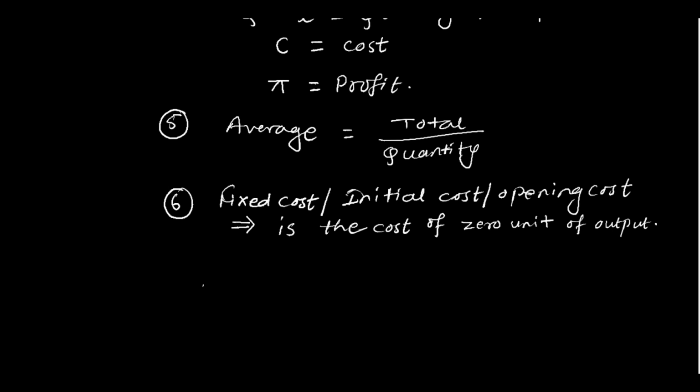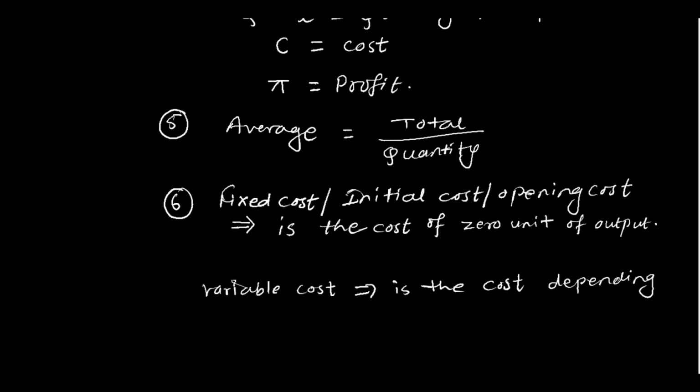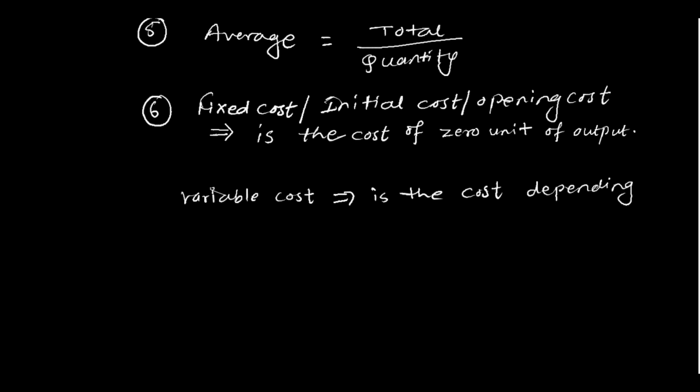Similarly, there is variable cost. The variable cost is the cost depending upon the number of goods produced.